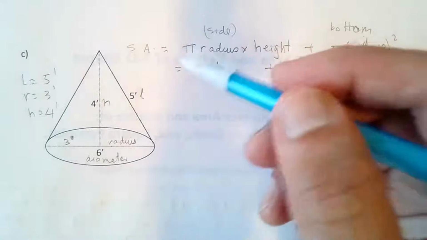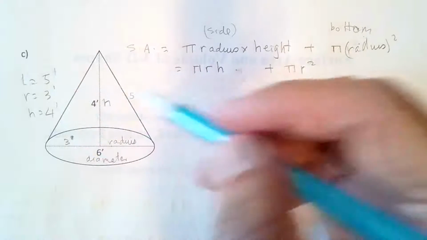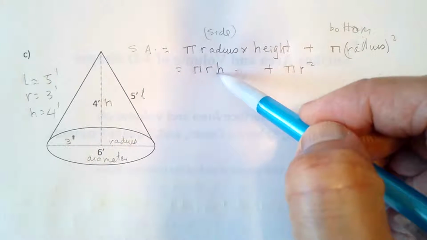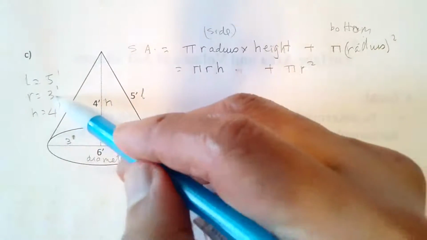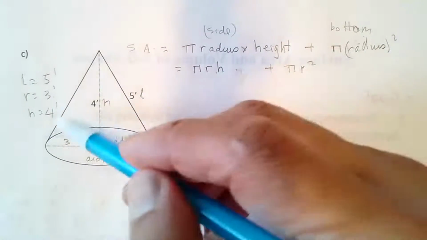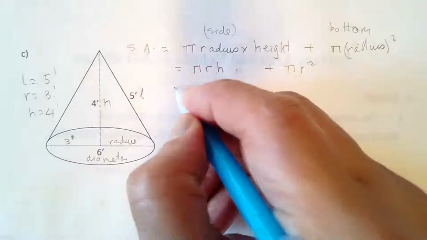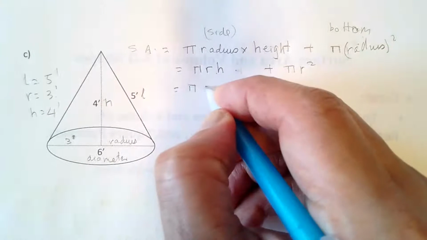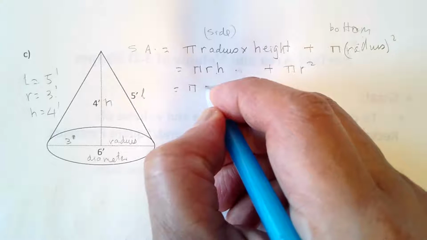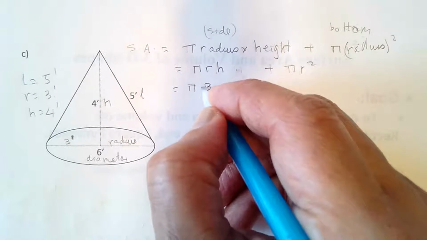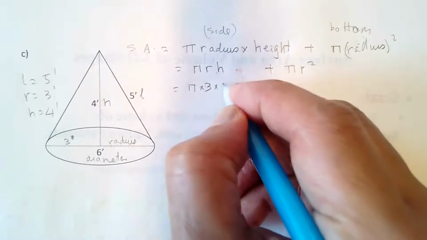Next, we substitute the values given into our formula. In other words, replace r with 3, and L with 5. So this is pi, our radius is 3, and our slant height is 5.